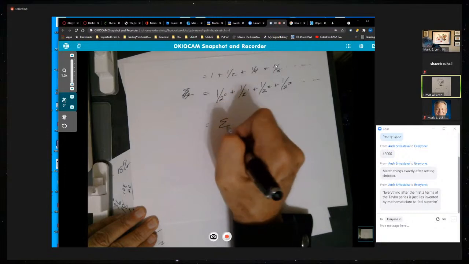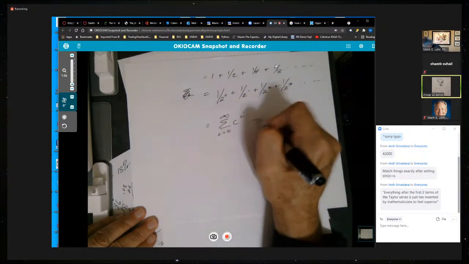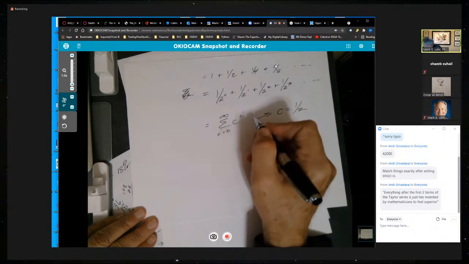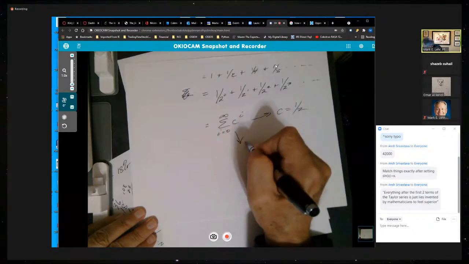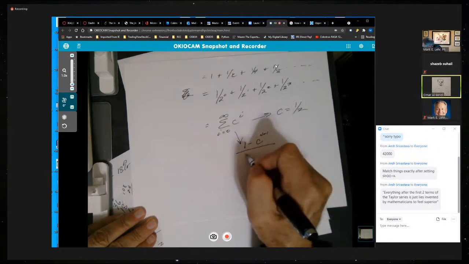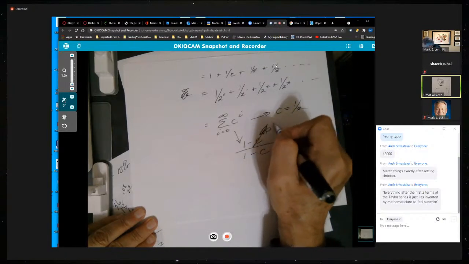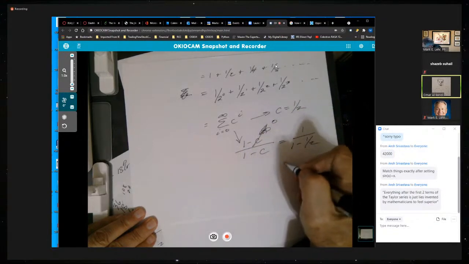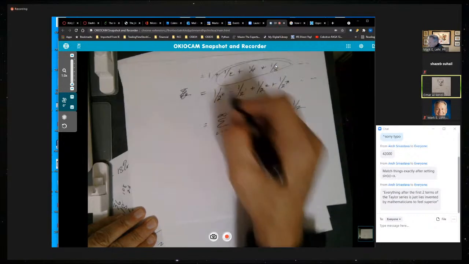So what we're basically summing, c is 1/2, and we already know the sum of this because we've done this many times. Normally this would be 1 minus c to the infinity over 1 minus c, but this c to the infinity goes to 0, so it's 1 over 1 minus 1/2. And what's that equal to? 2. So this sum is simply equal to 2.